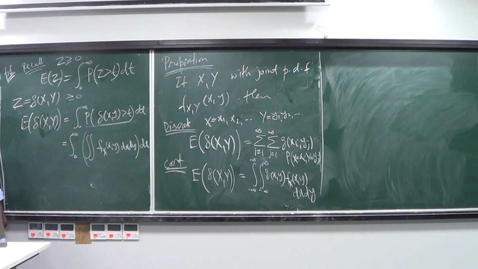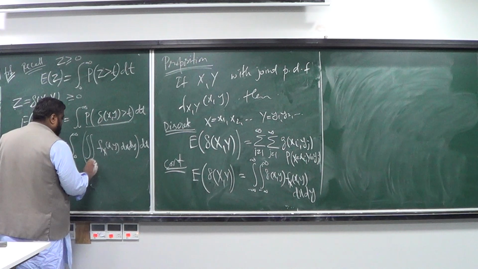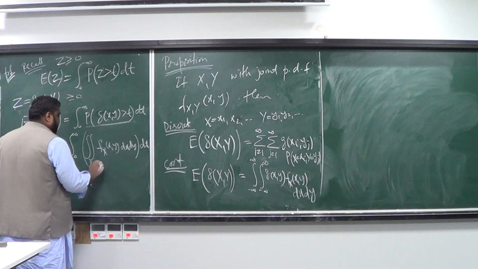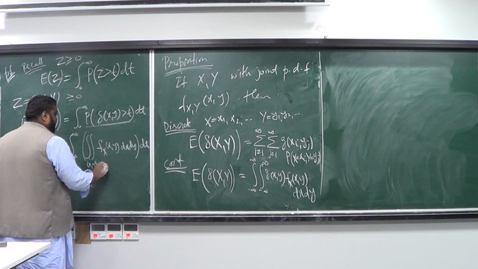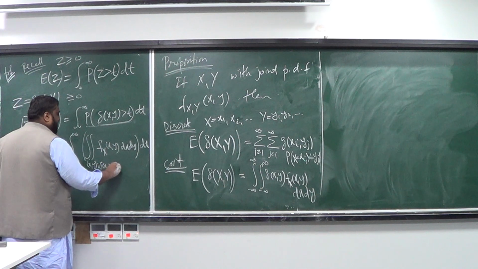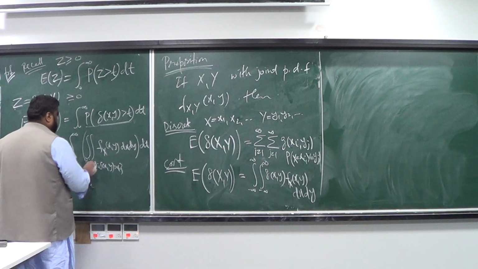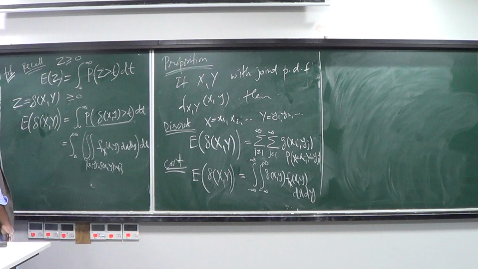Where this constraint is satisfied, over the region. So you are computing this integral on all points such that g of xy is bigger than t. This is the set on which you are doing the integral.